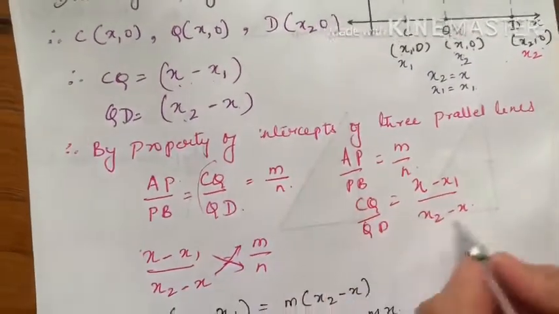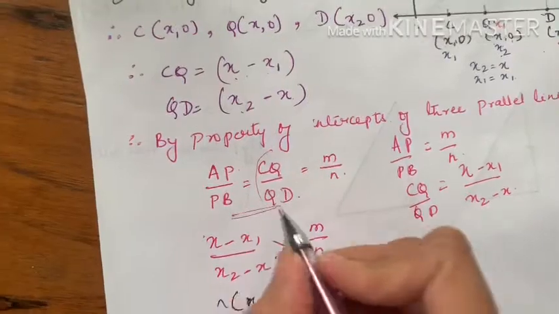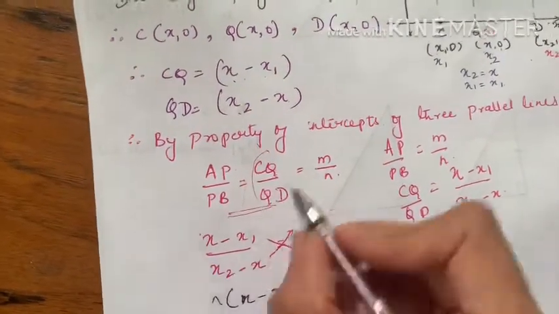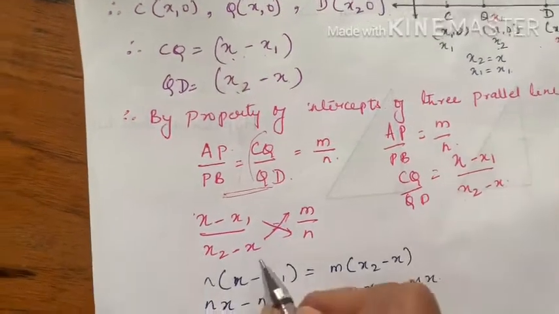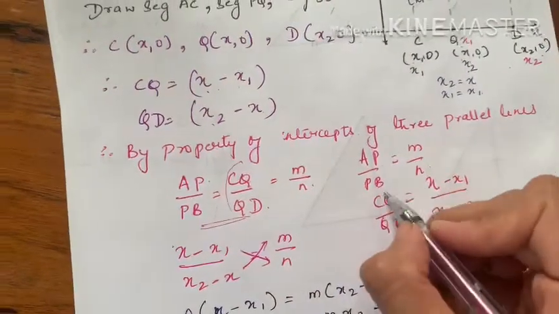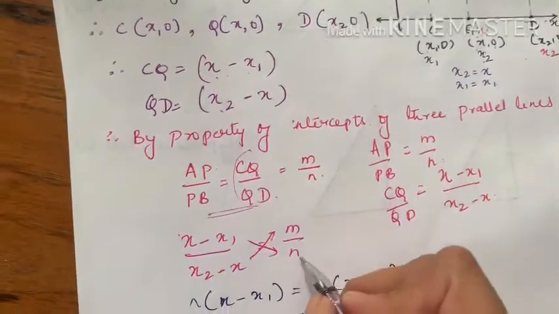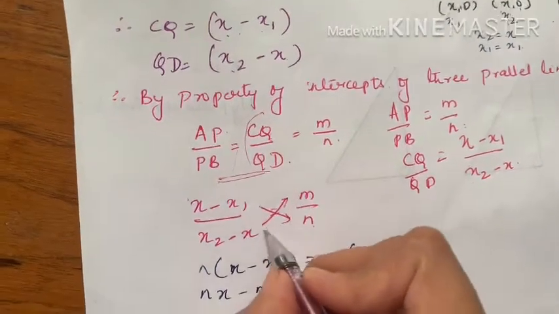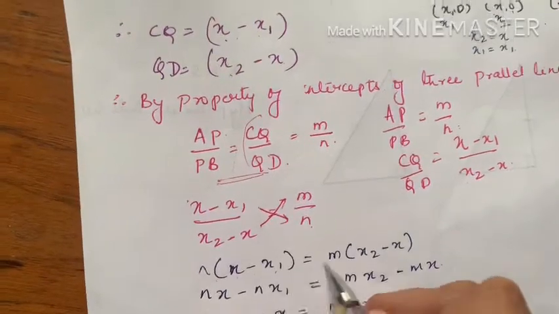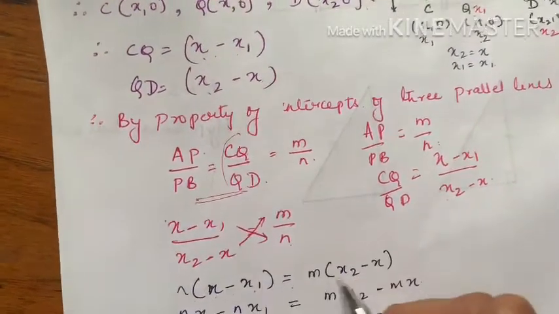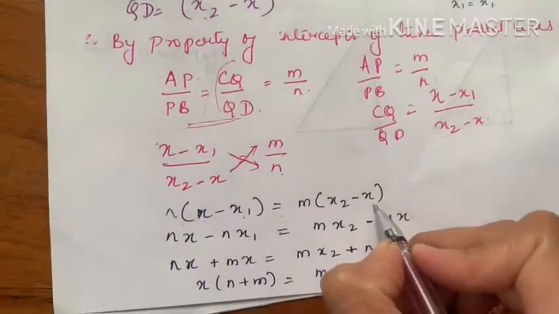Substituting these values in this equation, by cross multiplying, n into x minus x1 equals m into x2 minus x.